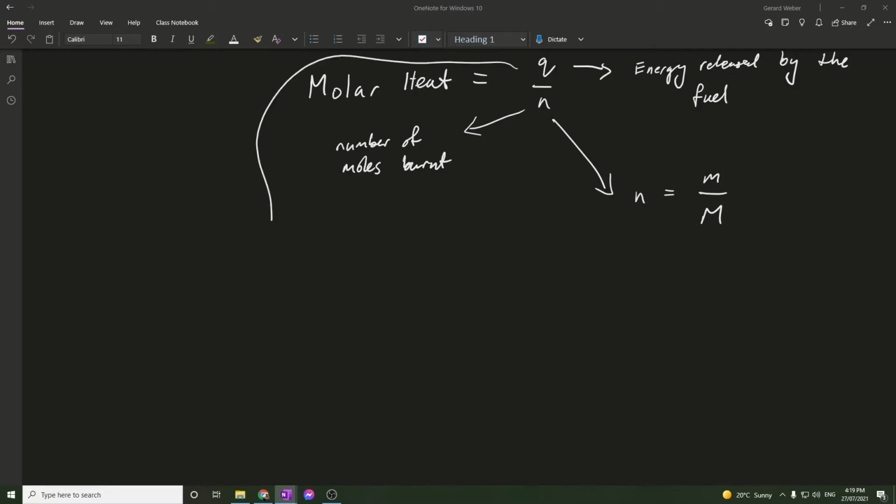For Q, we can use Q equals mc delta T. Here, m is the mass of water used. c is a property known as the specific heat capacity.